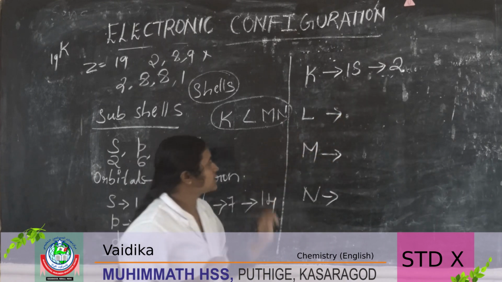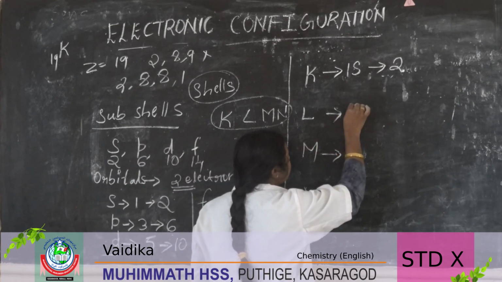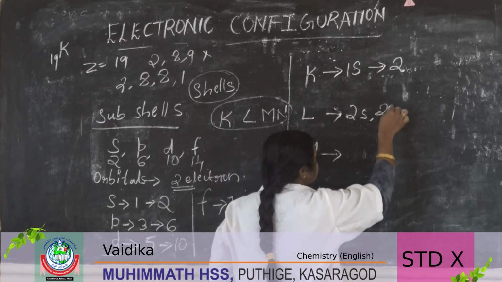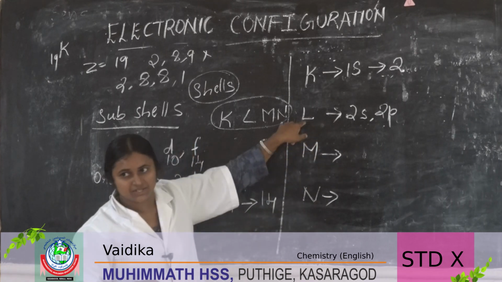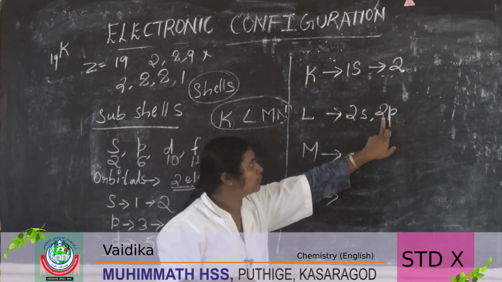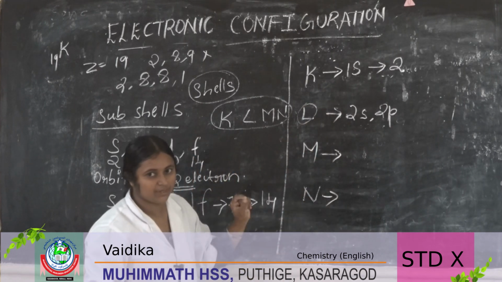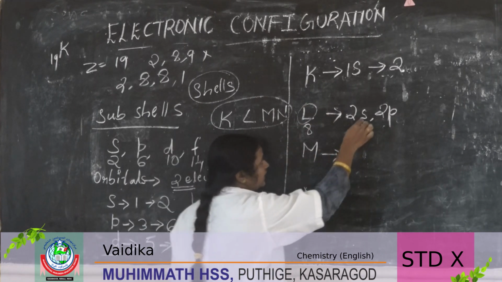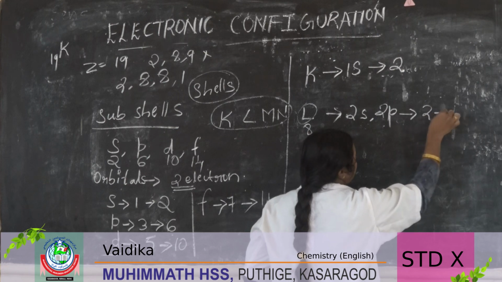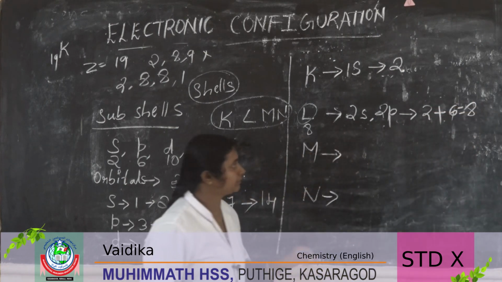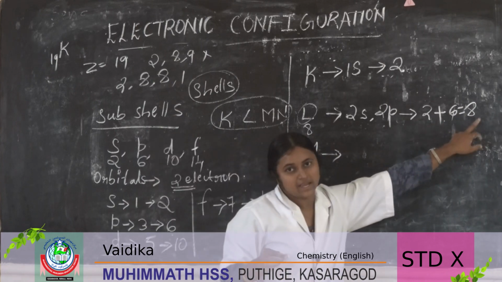Let us see the L shell. It has the 2s and 2p subshells. In the L shell, how many electrons can be accommodated? It will be 8, right? In the S, 2, and in the P, 6. So total 2 plus 6, 8.